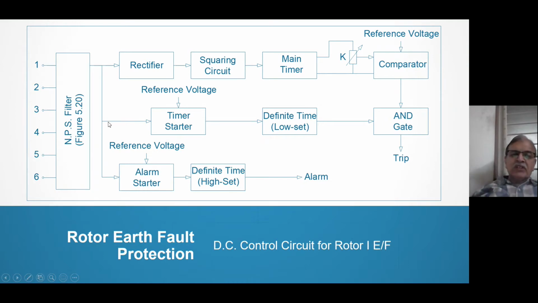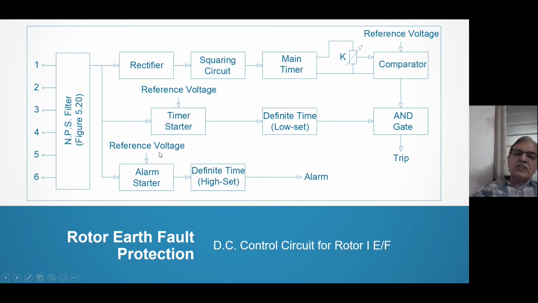The same negative sequence current is going to allow the starter also. That reference voltage is low and the timer is high set. We may set up to 7 seconds, 8 seconds, 10 seconds, and then an alarm is sounded. What does it mean? If the negative sequence current crosses 5%, then trip will be generated.